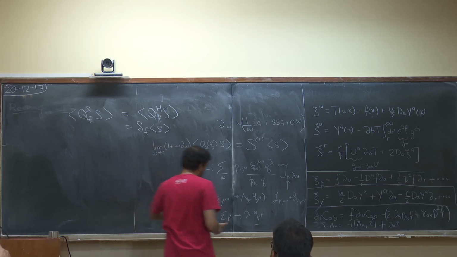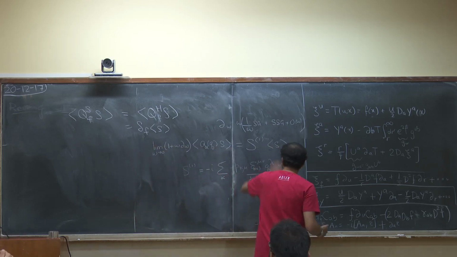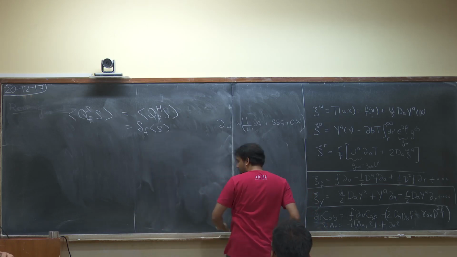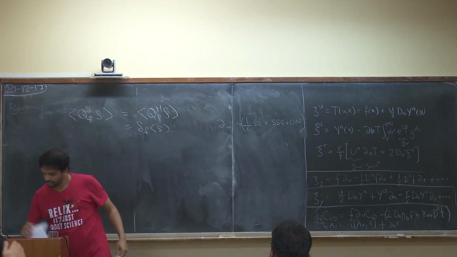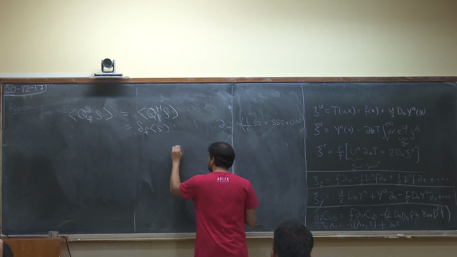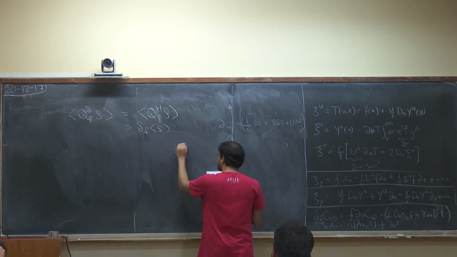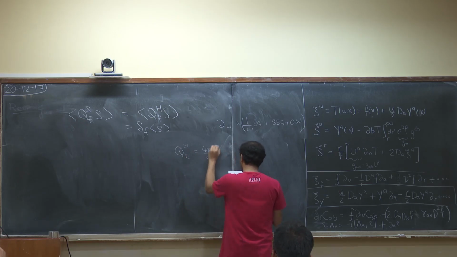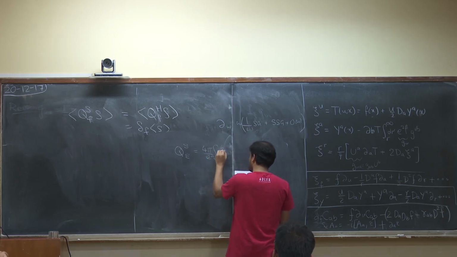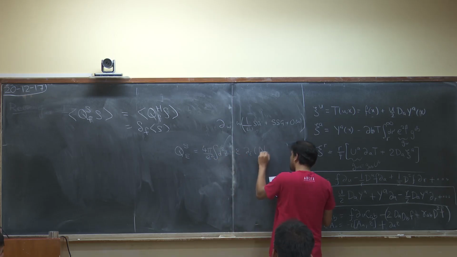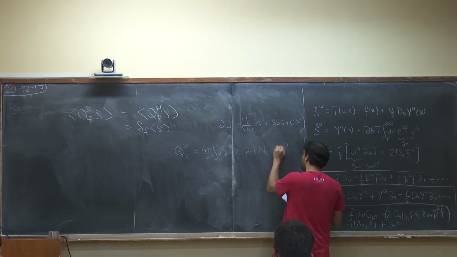So for instance, in the photon case, the soft part of the gauge charge was just 4 pi over e squared times the zero mode of F_uz.